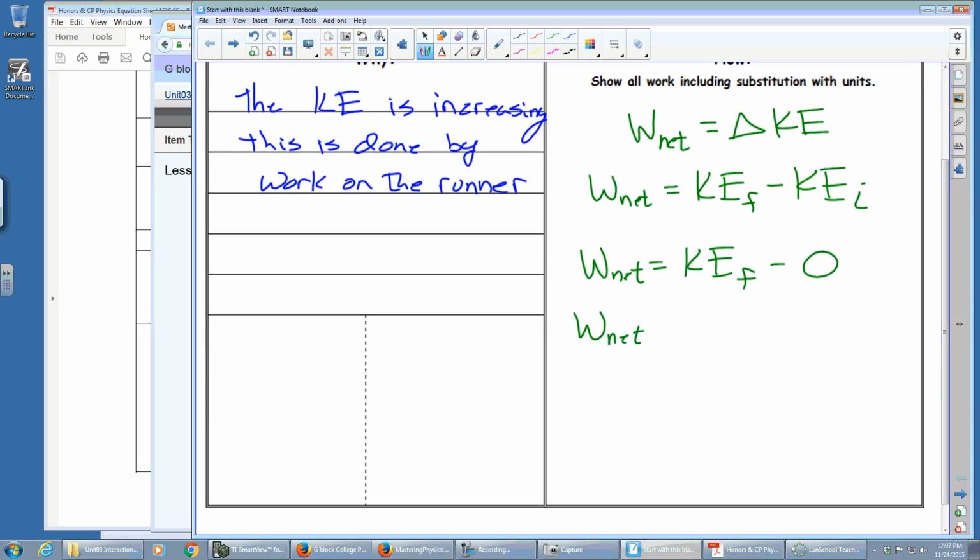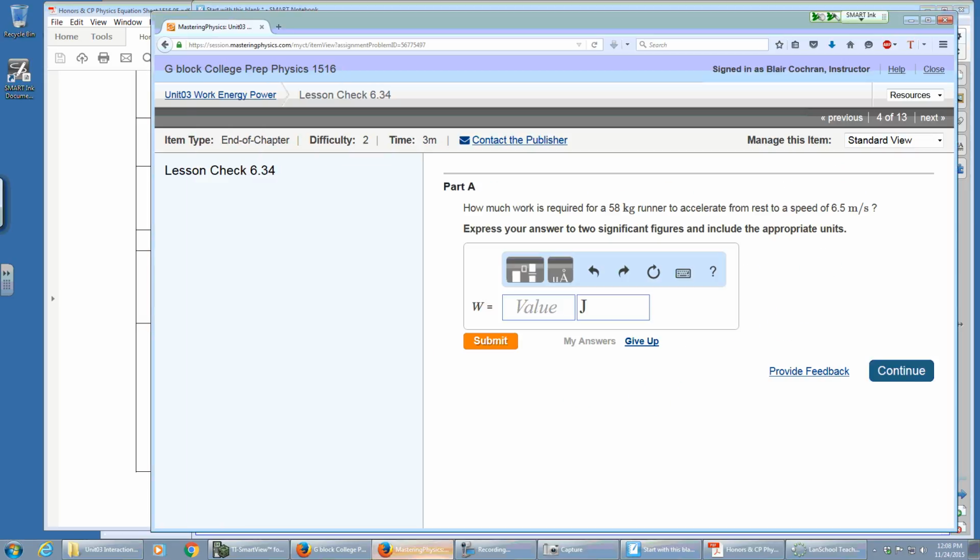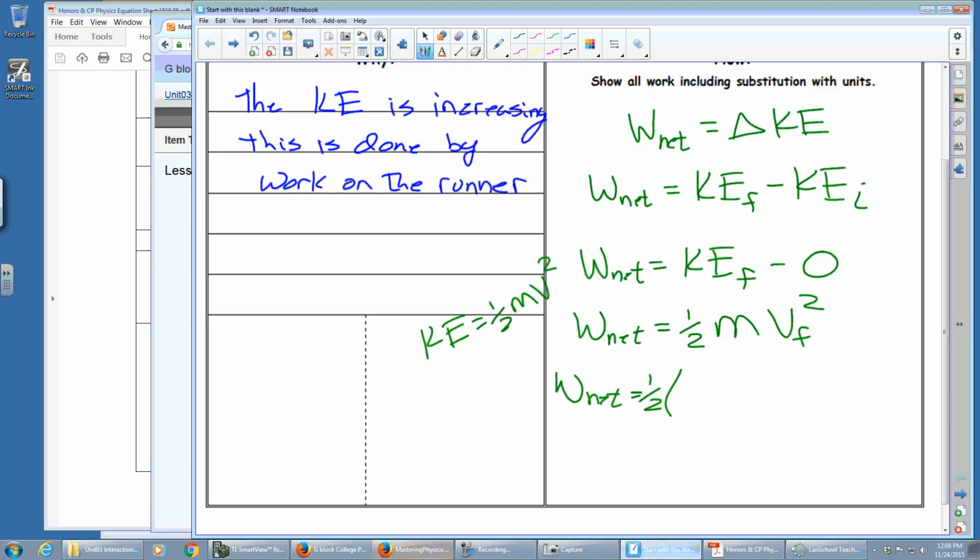And now I'm going to use that definition of kinetic energy, right? 1/2 mv squared, 1/2 mass of the runner, speed final of the runner squared. And now it's just a substitution game. 58 kilograms, 6.5 meters per second.